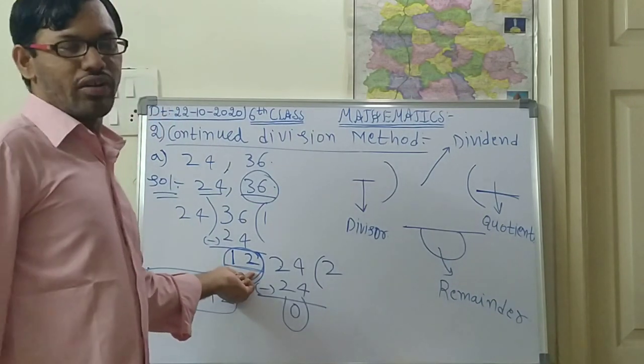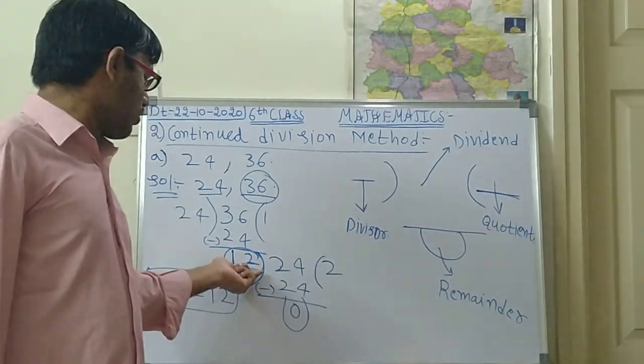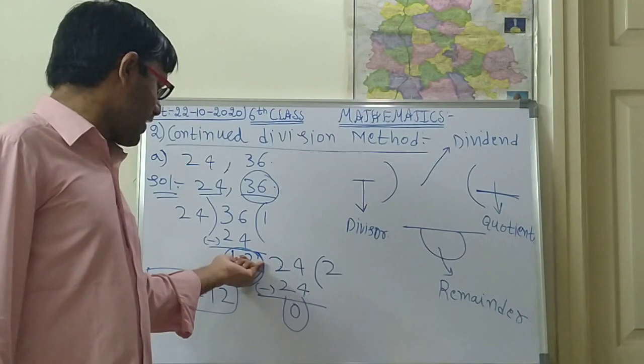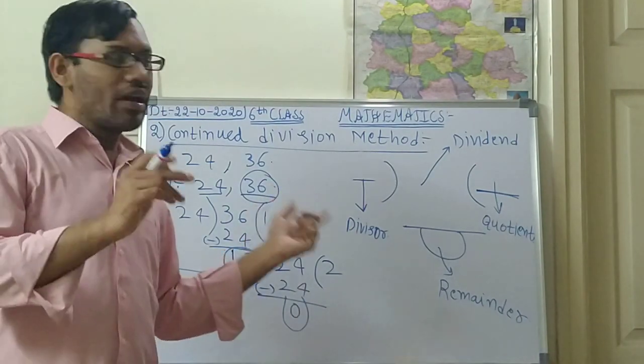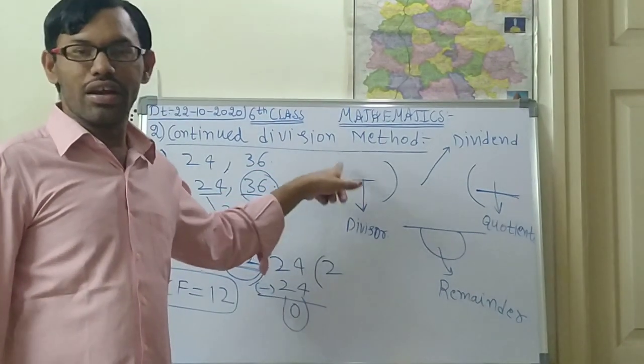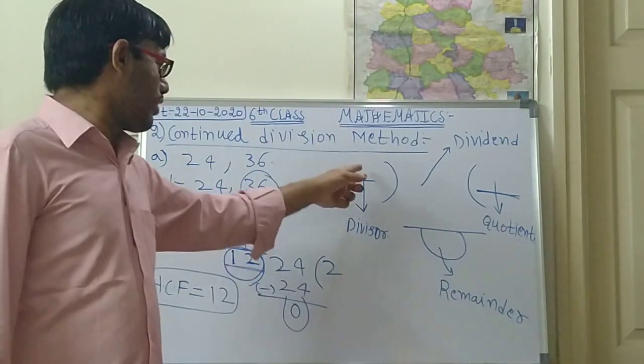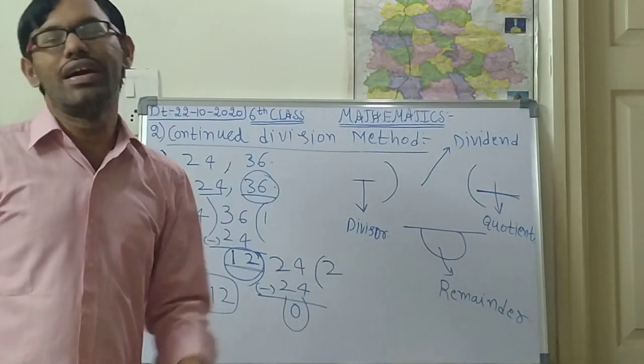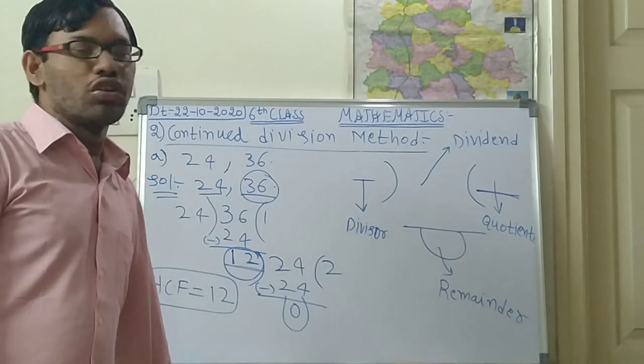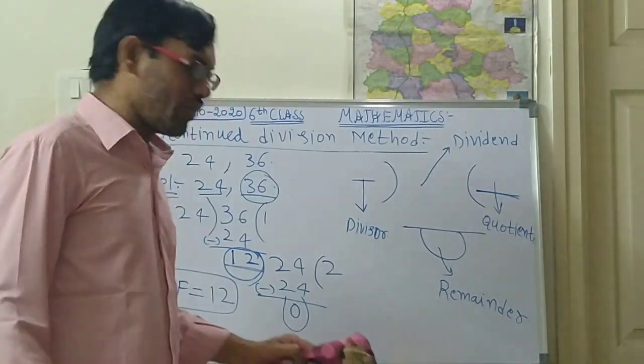Then for this HCF and the remaining middle number, you should do the division method again.